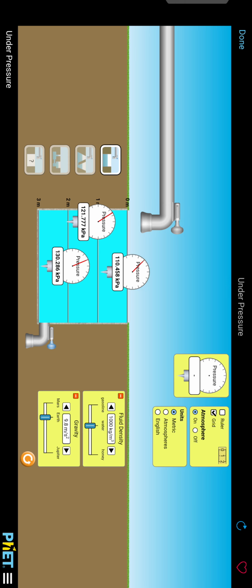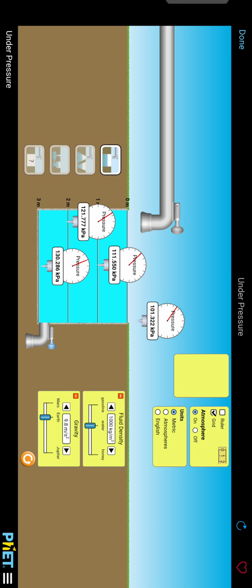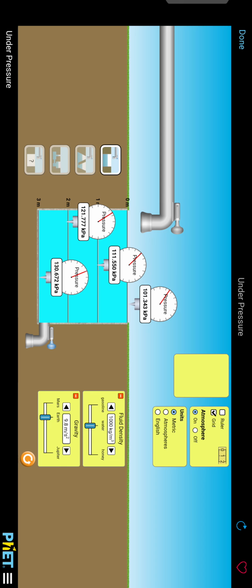At this moment, the total pressure at a depth of 3 meters is 130.286 kilopascals, at a depth of 2 meters the pressure is 121.777 kilopascals, and at 1 meter depth the pressure is 101.550 kilopascals.